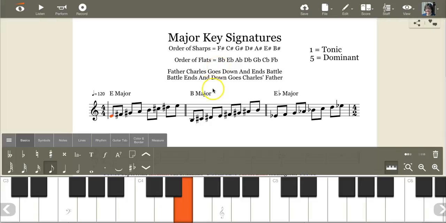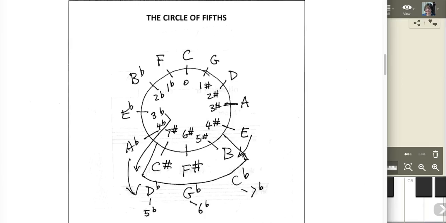Well, it's very useful because you can write the circle by remembering Father Charles goes down and ends battle, then finish it off with Father and Charles with sharps, and then you can clean up the flat side with battle ends and down goes Charles.